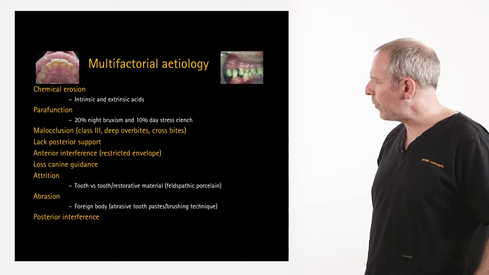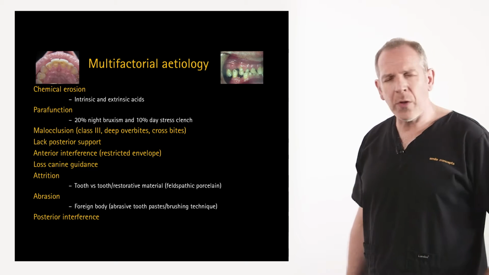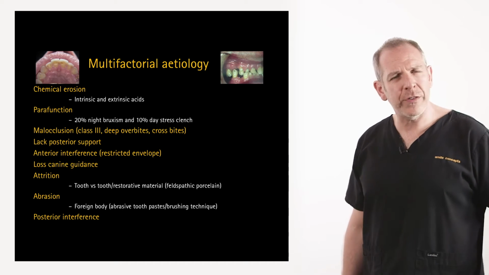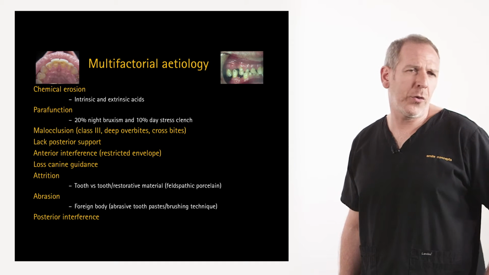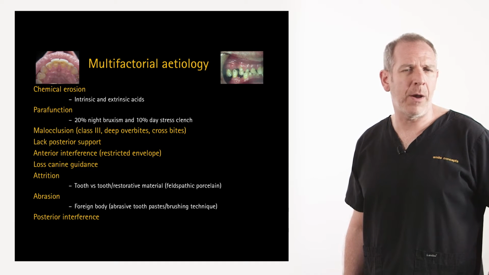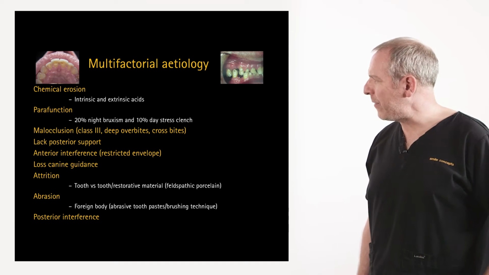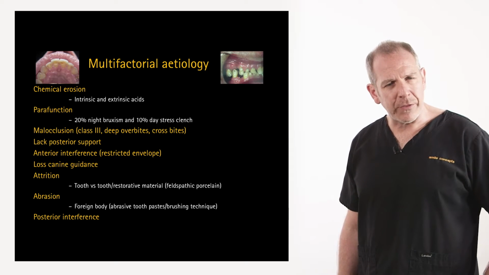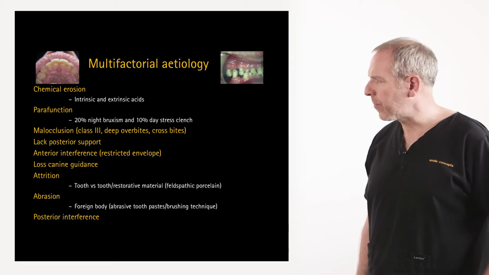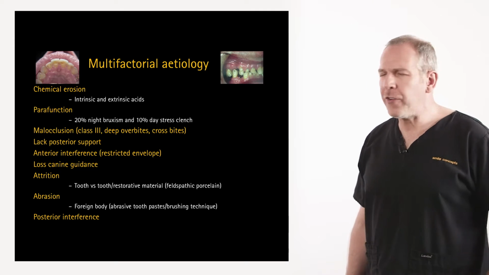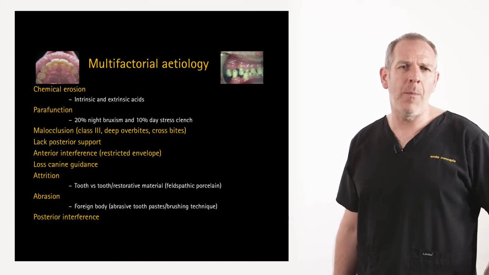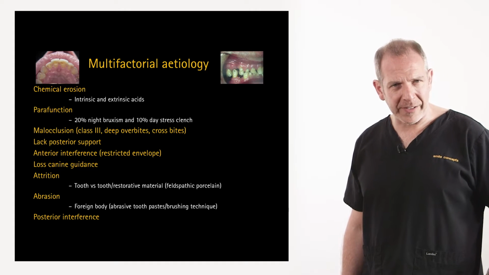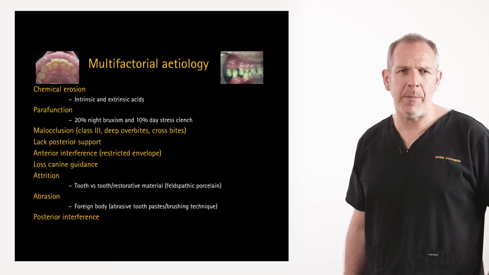And then we have attrition, which is tooth on tooth, or really tooth versus restorative material. And the restorative material which is most abrasive in terms of causing attrition would really be feldspathic porcelains. And then there is abrasion, and this is often from smoking type toothpastes or brushing technique using a hard scrub.